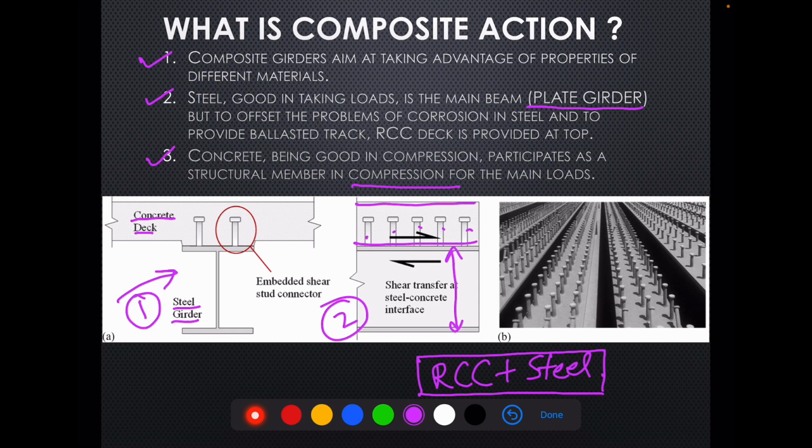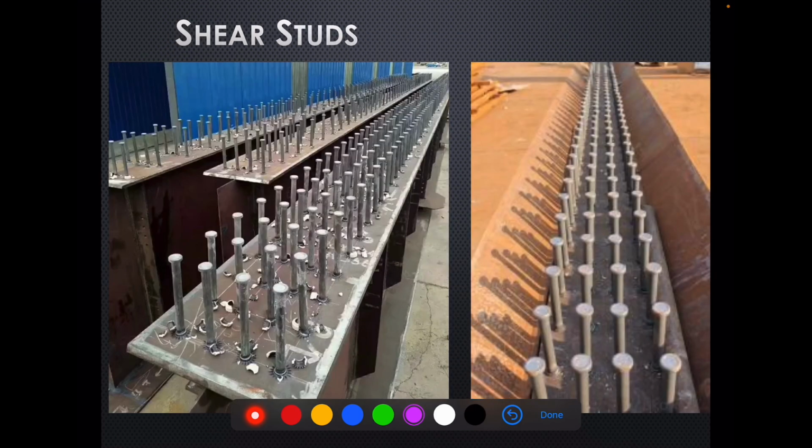And if you want to see how these shear studs are arranged or how they look, let's explore them further. This is how shear studs look. They are welded at the top flange of the plate girders.